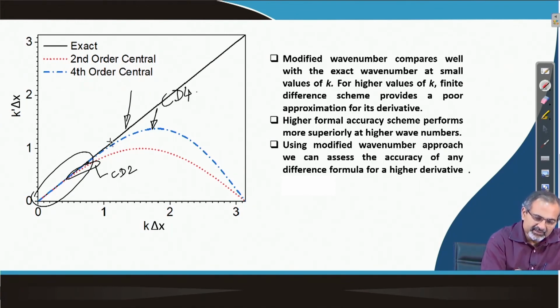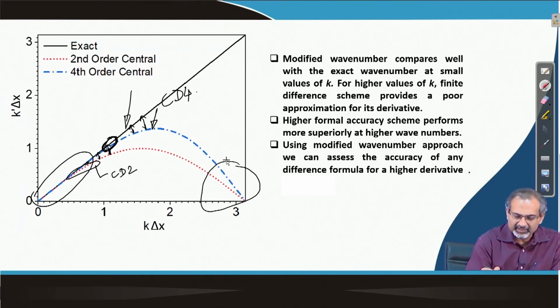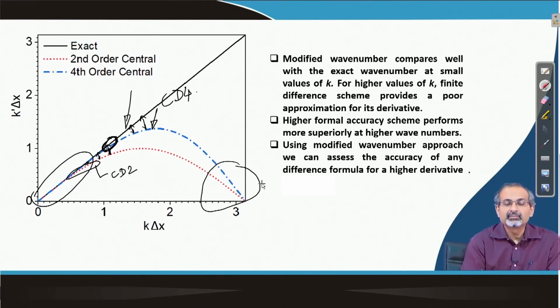So, essentially CD4 is close to the exact values up to these ranges, and then the deviation is enlarging here, but you can see deviation starting for CD2 earlier. And of course, what we noticed was that at much higher values of k times delta x, both of them have deviated significantly.